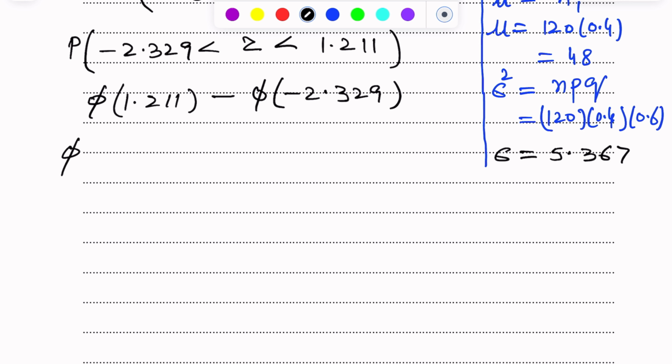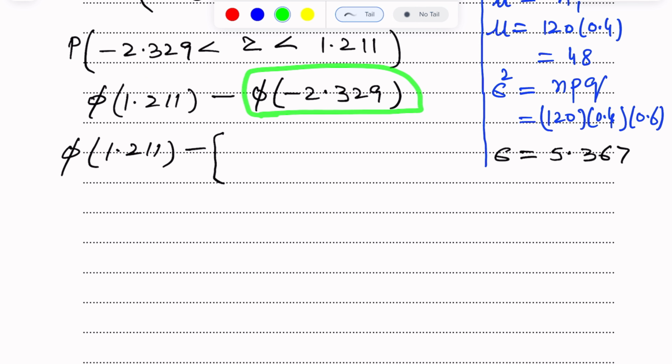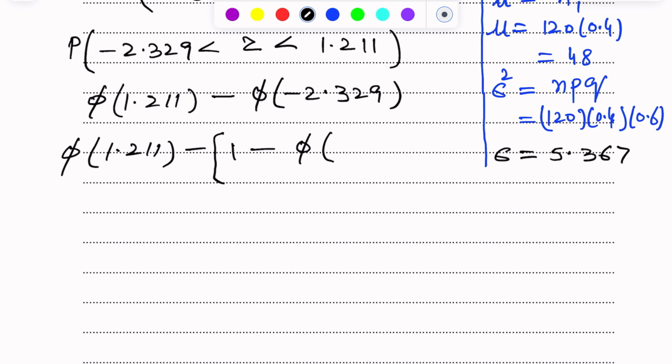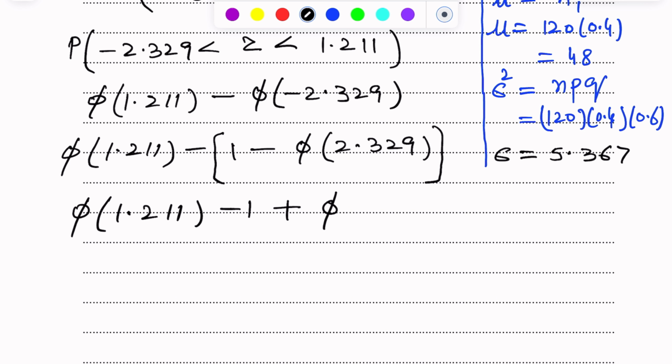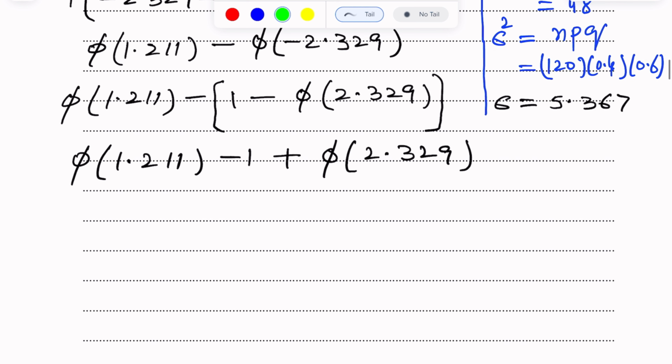So we can write probability of 1.211 minus, 1 minus probability of 2.329, now positive. Simplifying, we get probability of 1.211 minus 1 plus probability of 2.329.